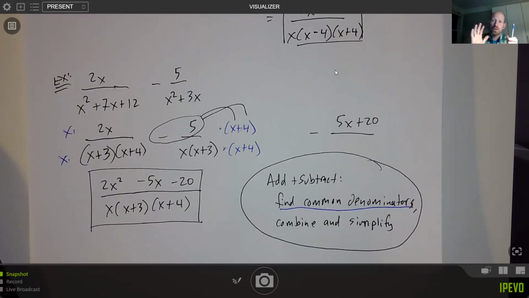Okay. So we have one more major type here. At the moment, I would say we're only operating with two main types so far. We have the simplifying, multiplying, dividing, which are all basically factoring and canceling. And then we have adding and subtracting, which is the common denominator part.